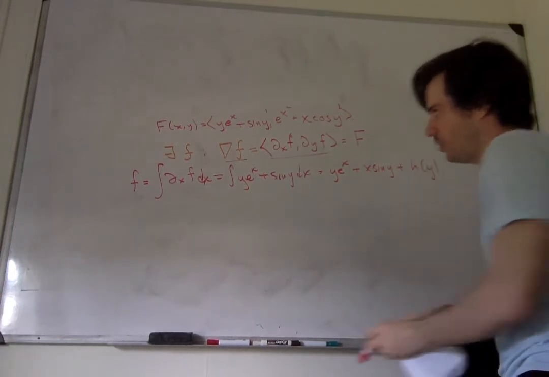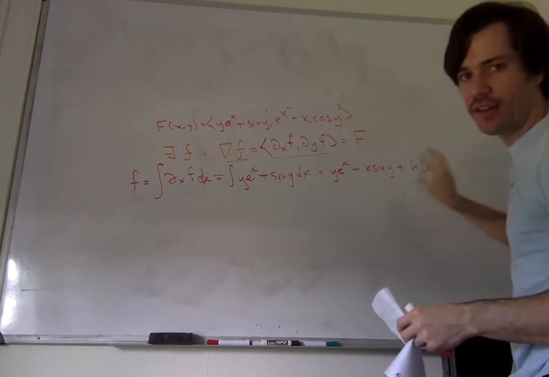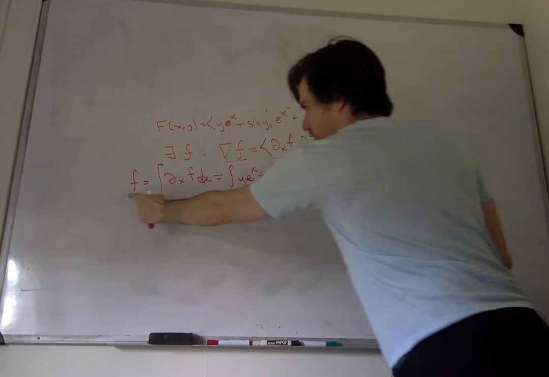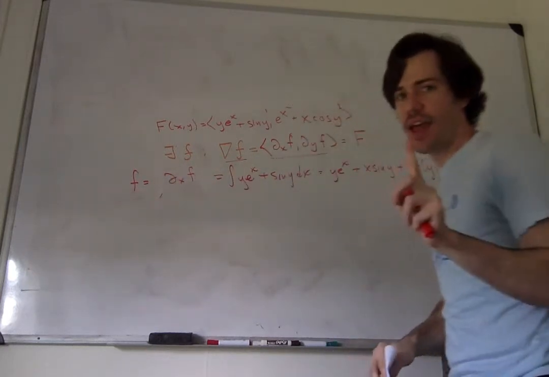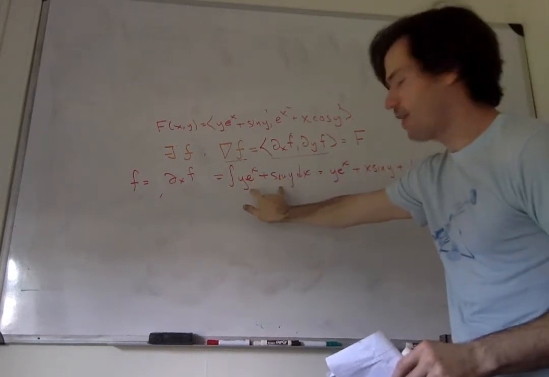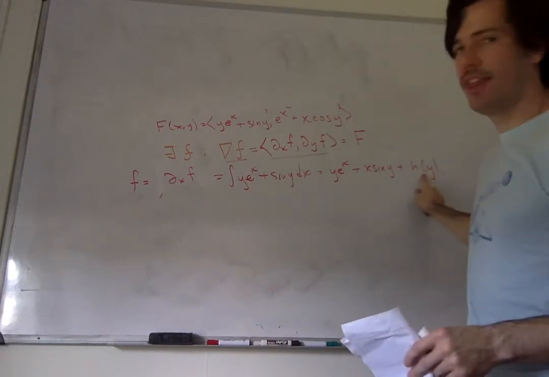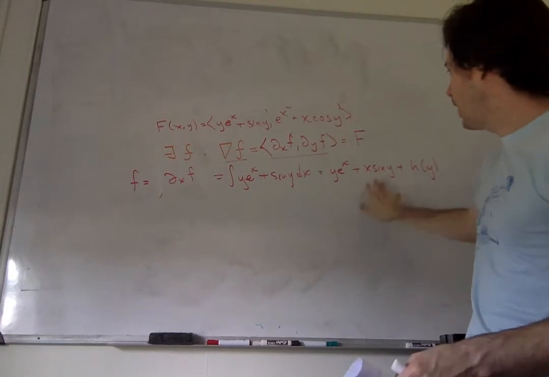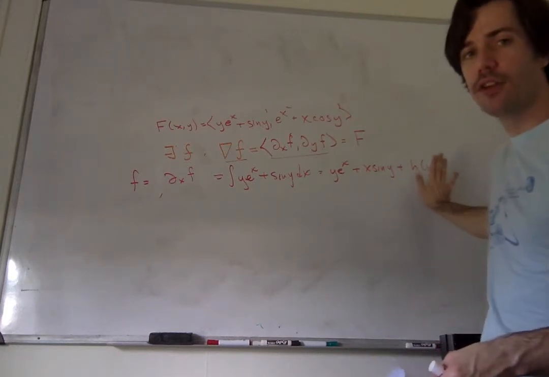Well, the point is that if my f had another thing in here that is in terms of y, when I differentiate this, I just get this back, right? And when I differentiate these terms, I get back that, correct? And when I differentiate this, because it has no x's, it goes away. And so, in general, I could have picked up a y function.